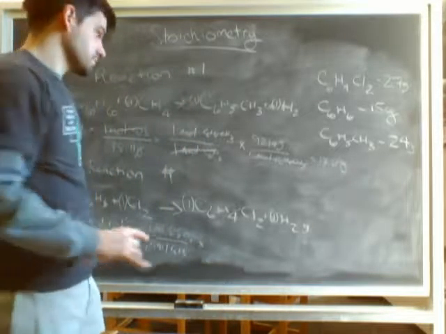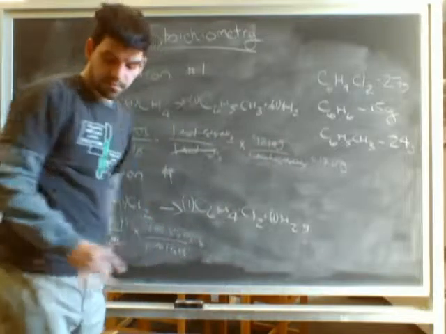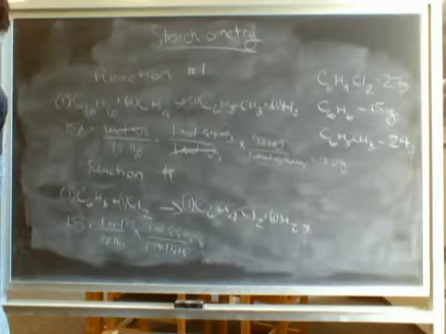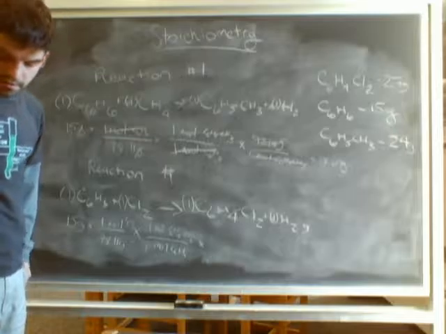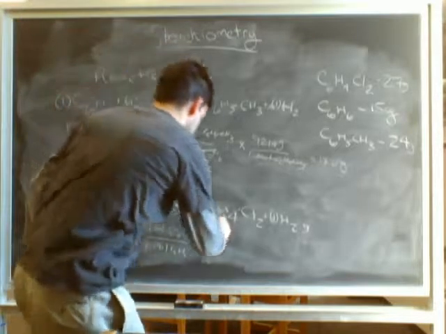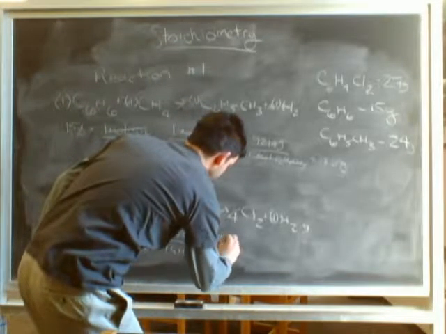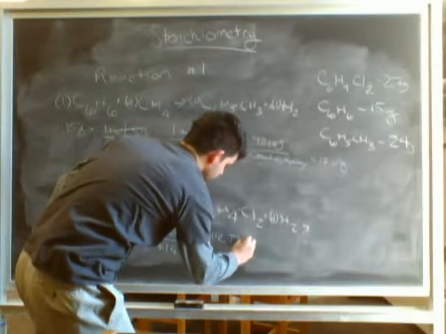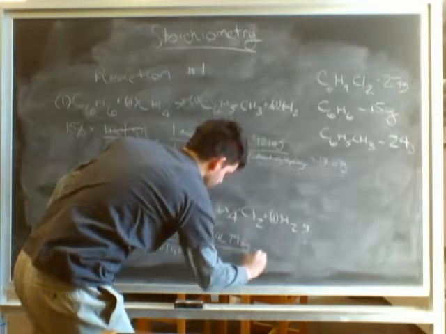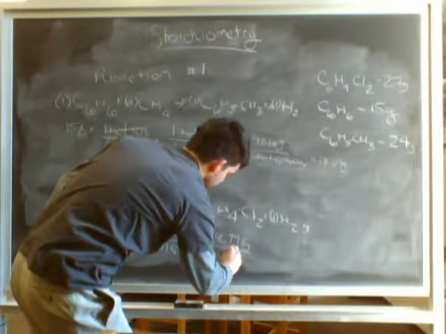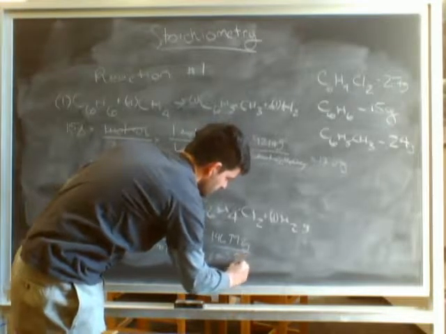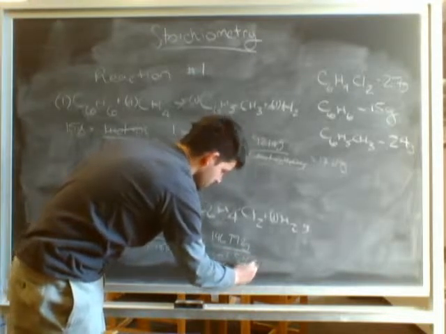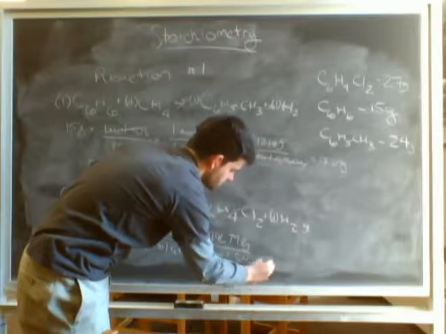Okay, and we'll do the same thing as we did before. We'll multiply by the molar mass of dichlorobenzene, which is 146.998 grams per mole of C6H4Cl2.